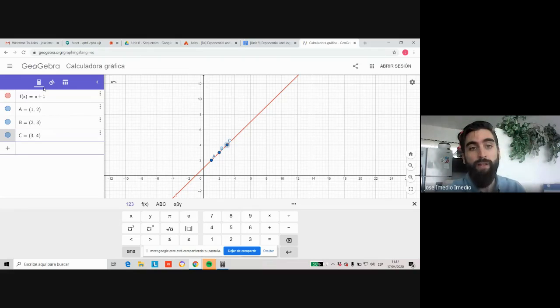This red line is a linear equation, a linear function. It uses x, which is the continuous variable.